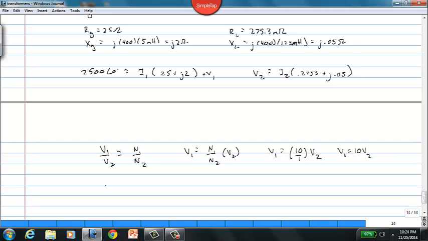We also know that I2 over I1 equals N1 over N2, so again we're applying the turns ratio. This says that I2 is equal to I1 times the turns ratio, and we're left with I2 is equal to 10 I1. So that's the application of the turns ratio. What we can do is substitute these into the equations that we already wrote. So we're going to go ahead and do that.